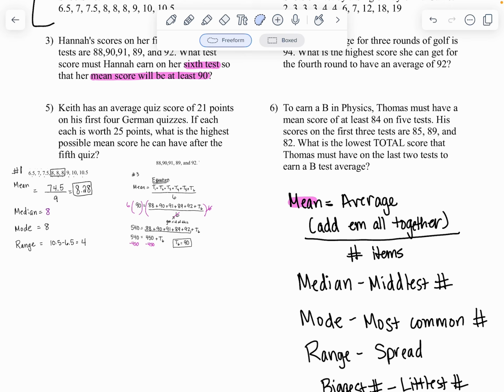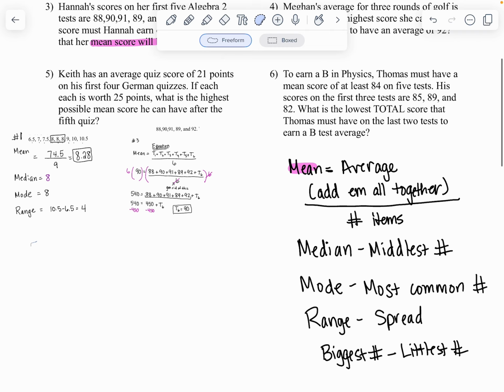So what do we know? His average quiz score is 21 points for 4 German quizzes. We don't know how much his quizzes were. But his last one, so let's write that out.